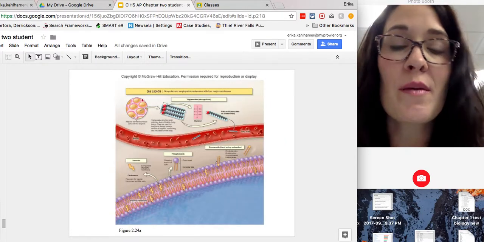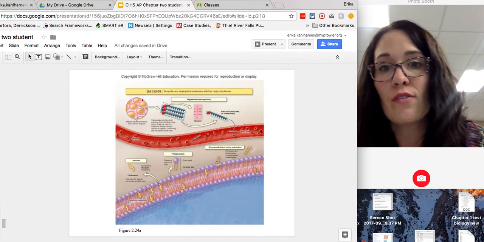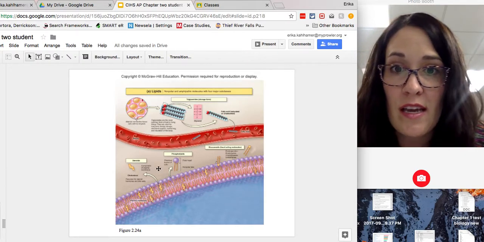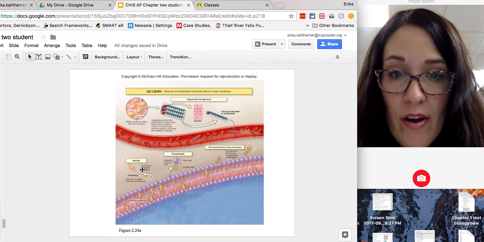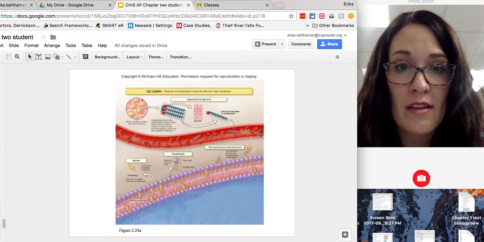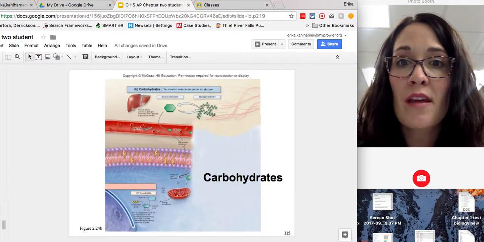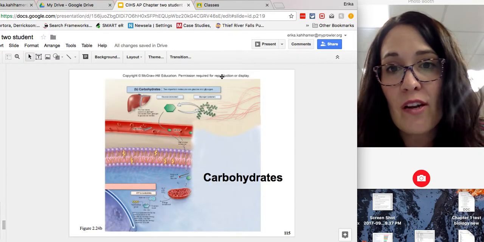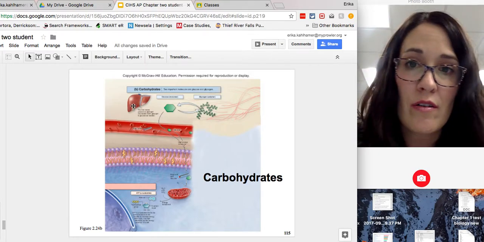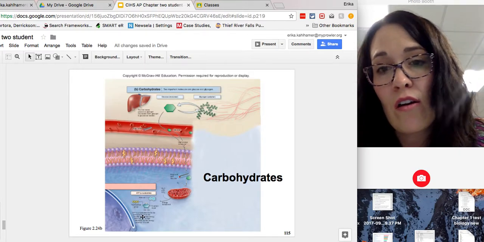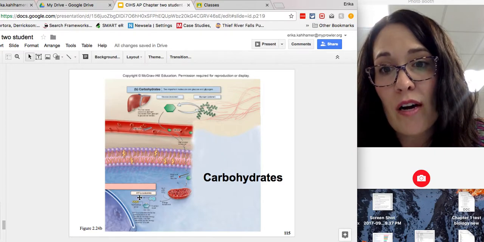And this is just showing images of the 4 macromolecules. Here's our fats. We see the triglycerides, we see the phospholipids, the steroids, okay, and their functions. Carbohydrates, here we see a monomer, glycogen, how it can go back and forth, how glycogen is stored in the liver. We need carbohydrates for energy.